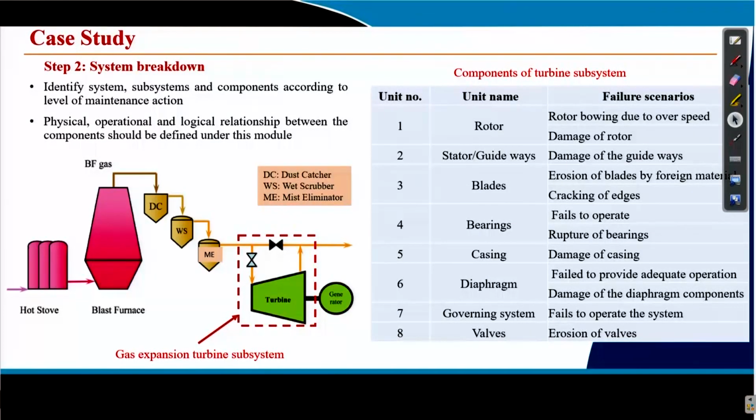What we did first was find out the components of the turbine subsystem that we studied. We found the rotor, stator, guide vane, blades, bearings, castings, diaphragm, governing system and valves.